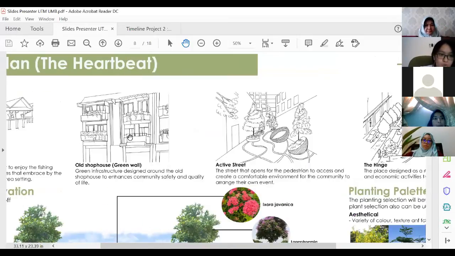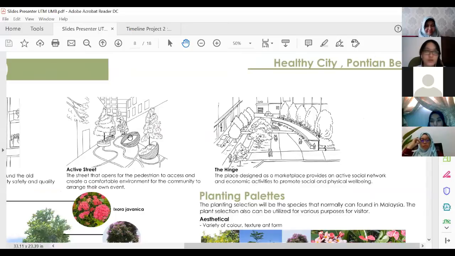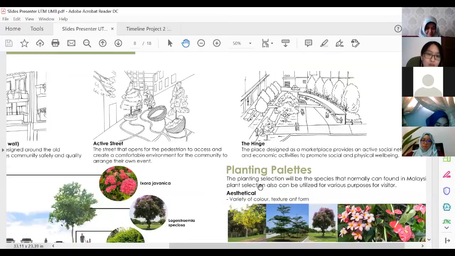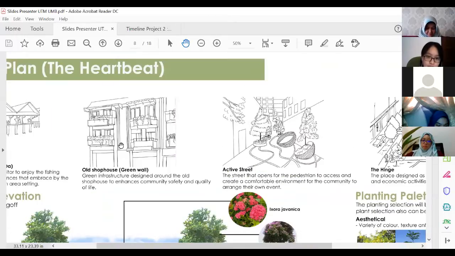In the old shop houses, I will have a green development to achieve sustainable development in the urban old town houses. And the active street I mentioned is only for pedestrian access, to create a comfortable environment for the community to arrange their own events, such as economic activities or some passive activities.